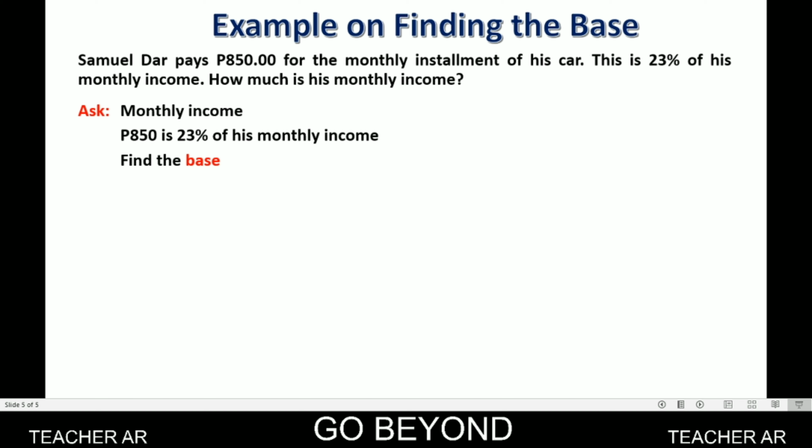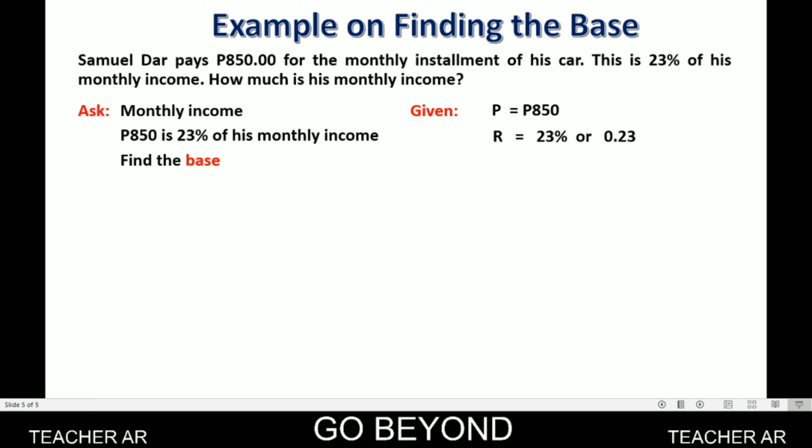So let's identify the given. Our given are percentage is 850, kasi nga andyan si is, katabi niya si is. And the rate is 23%, or convert it into decimal, divide it by 100, that is 0.23.